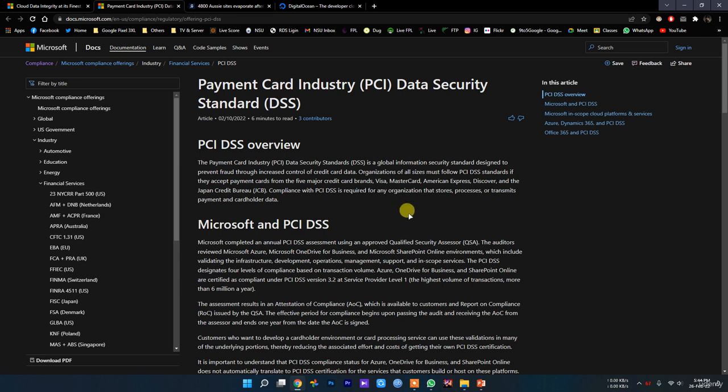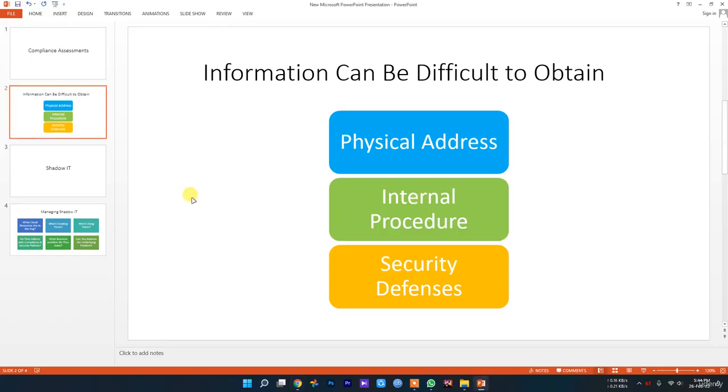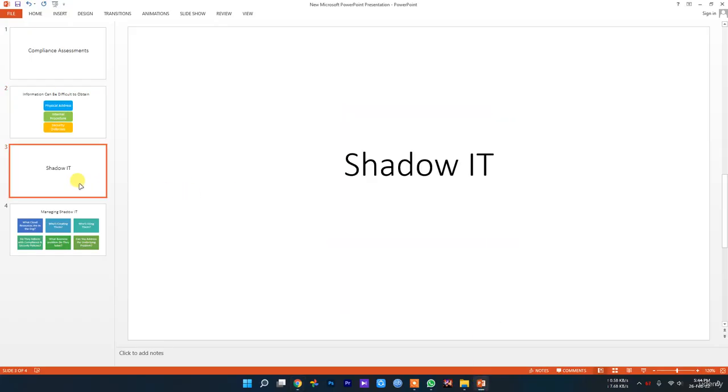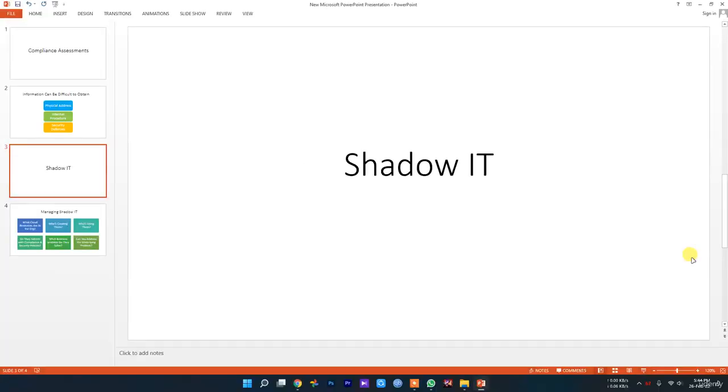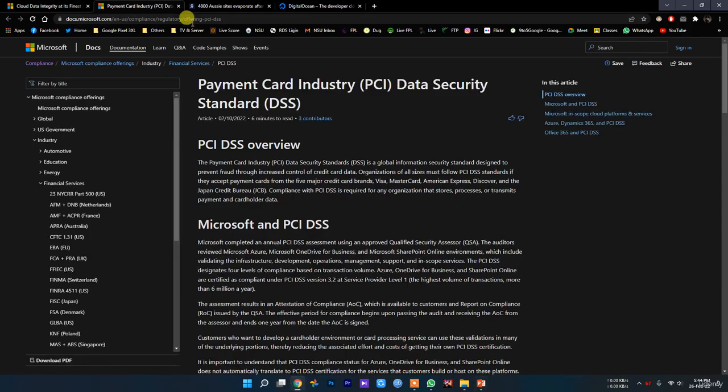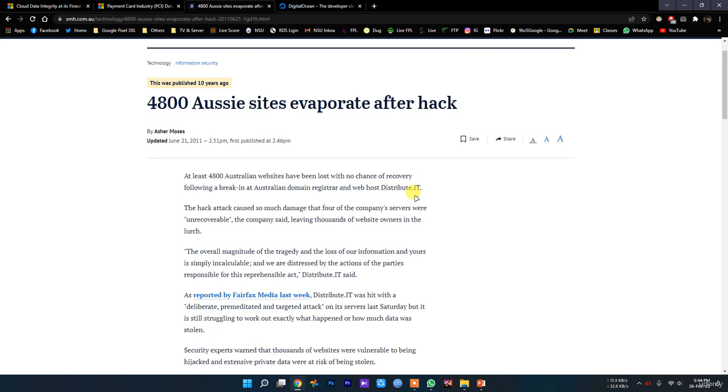So let me show you one more thing before we wrap up. And this is a story from down here in Australia in 2011. It's related to the Aussie hosting provider that was previously known as Distribute IT.